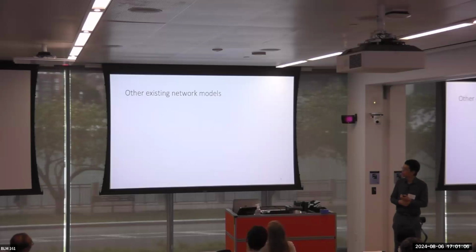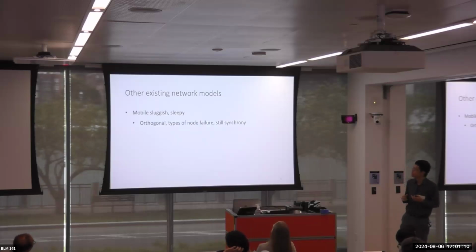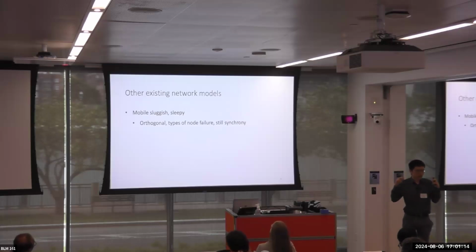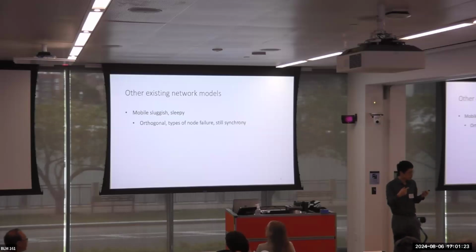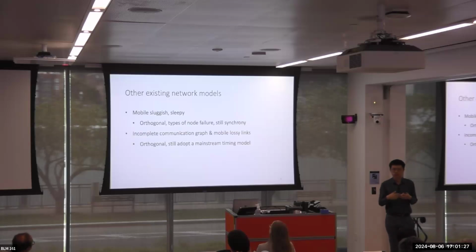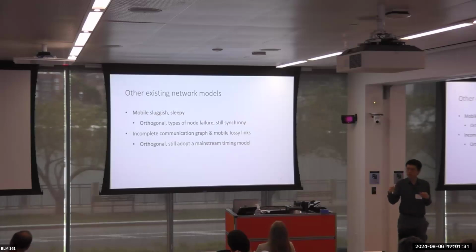Okay, so very quickly, some existing works that are related, but not quite. There's mobile, sluggish, and sleepy, but these are node failures. They're not really talking about network communication links, and they still have to assume one of the timing models, in that case synchrony. And there are many works on incomplete communication graphs or lossy links where messages can get lost.